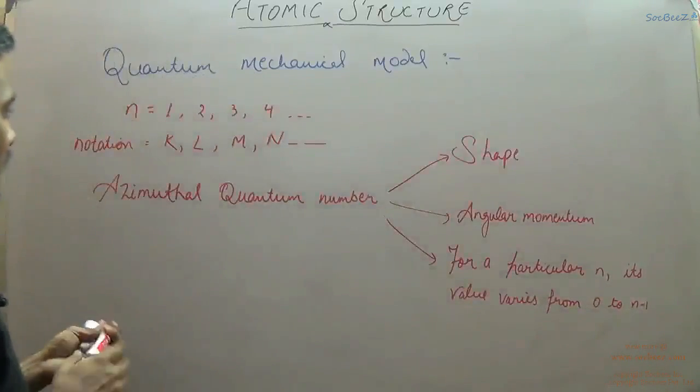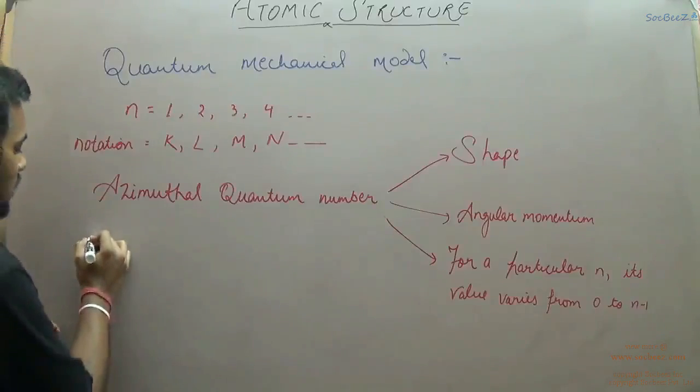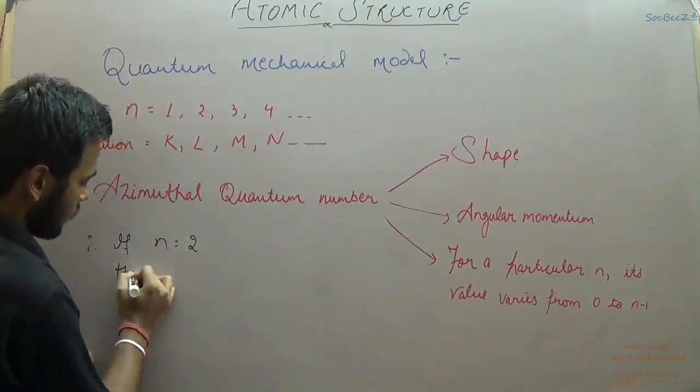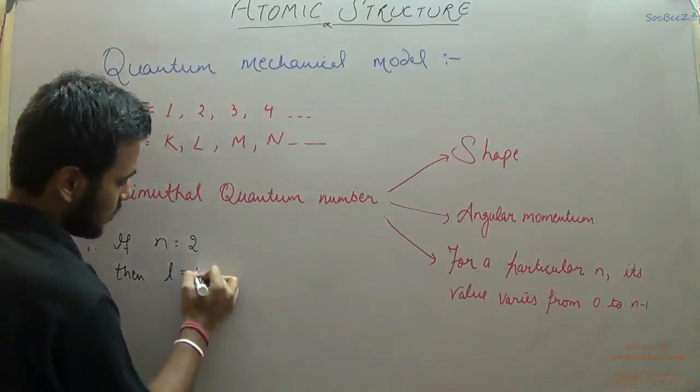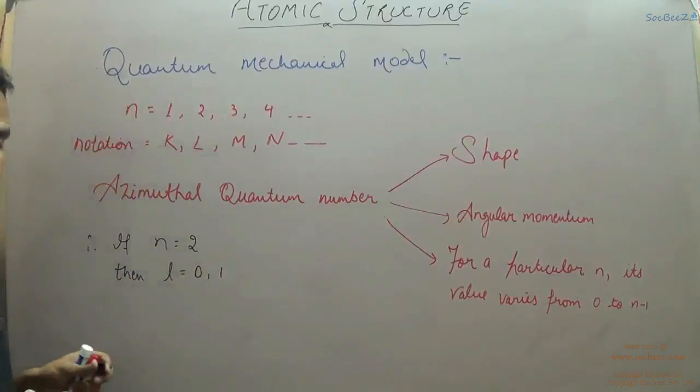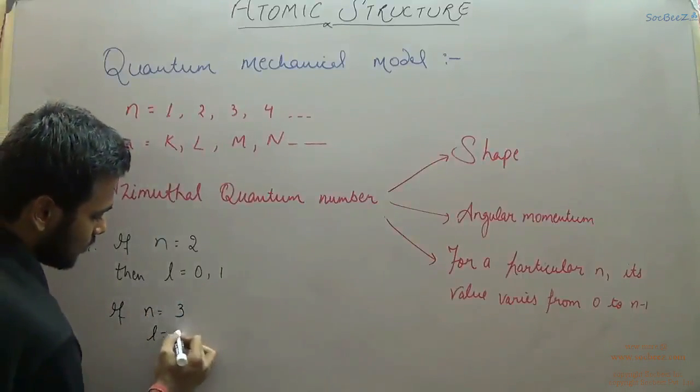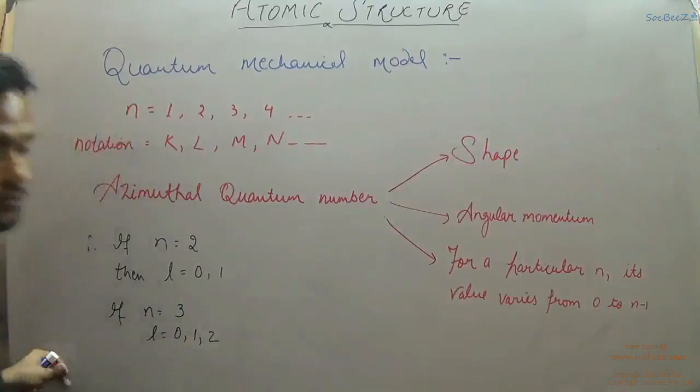Remember, if N equals 2, then L equals 0, 1. If N equals 3, L equals 0, 1, 2.